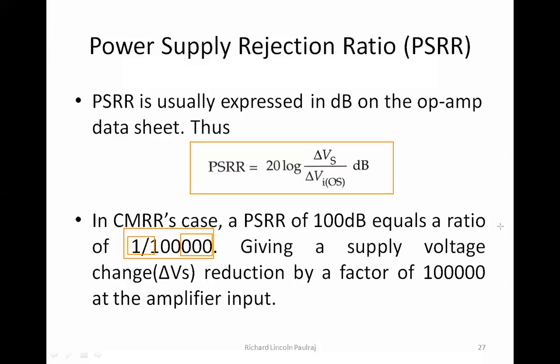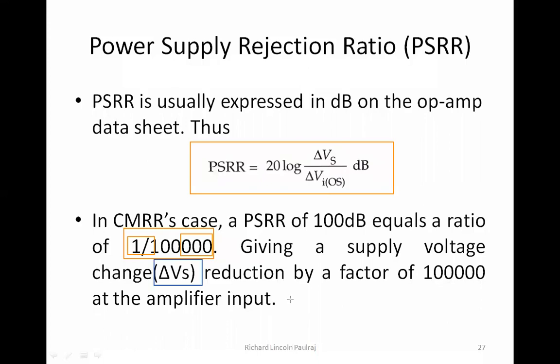Right. So given a supply voltage change, delta Vs, there is a reduction by a factor of 100,000 at the amplifier input.